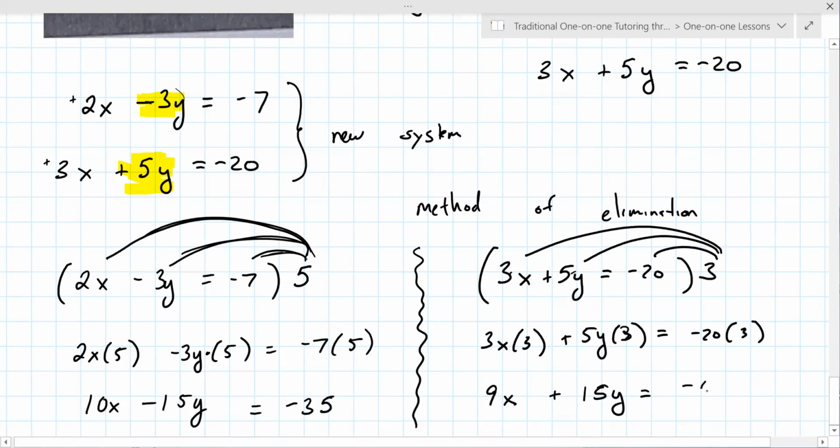Negative 60. Good. Now, do you have all this written down?